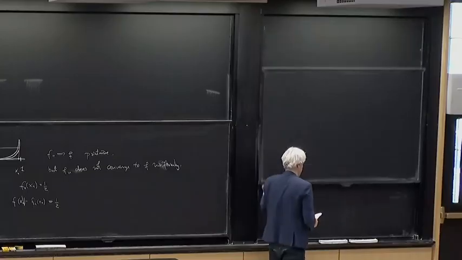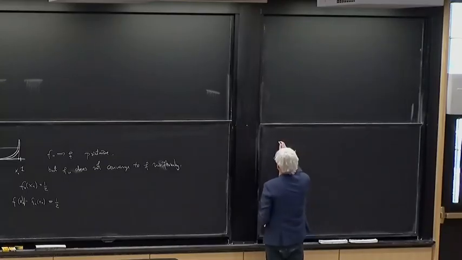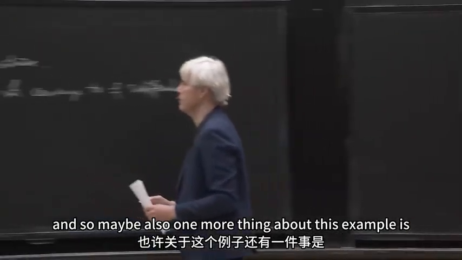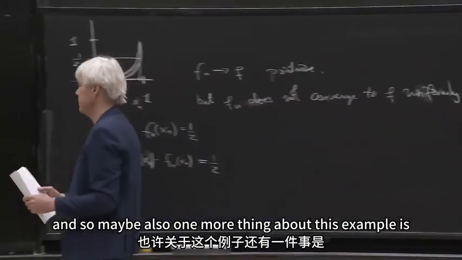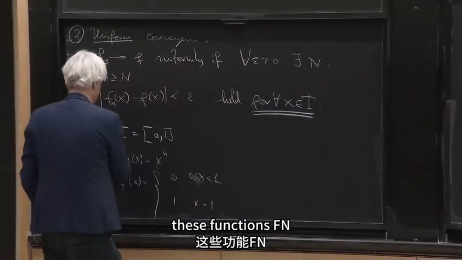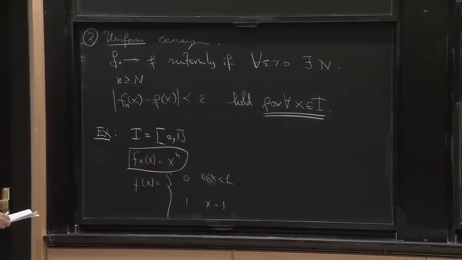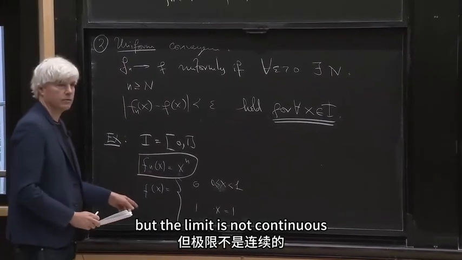Okay, that was just a quick review of some of the things we talked about last time. Now, let's get to a theorem. And maybe also one more thing about this example is that you see that these functions fn are all continuous, right? But the limit is not continuous, right?